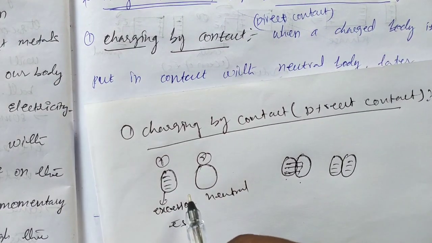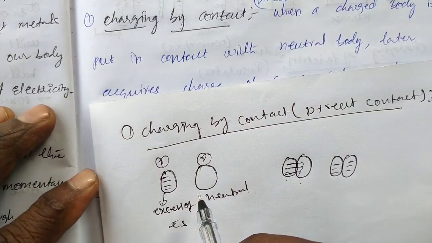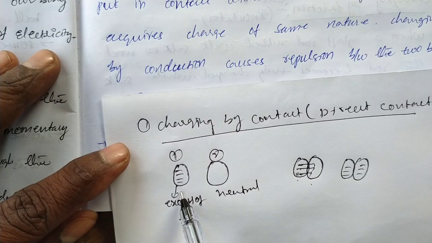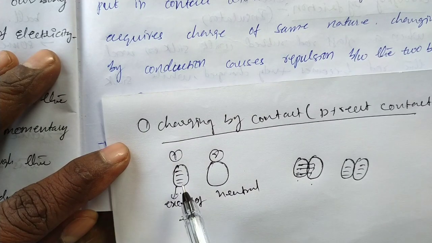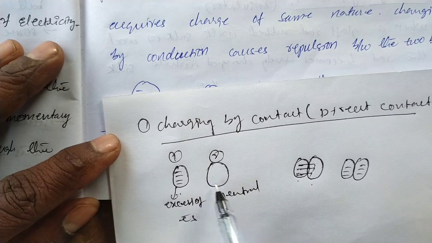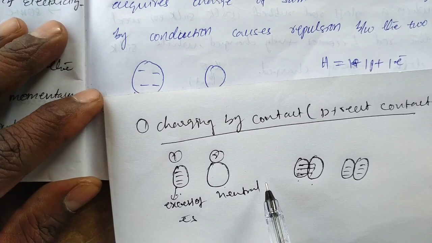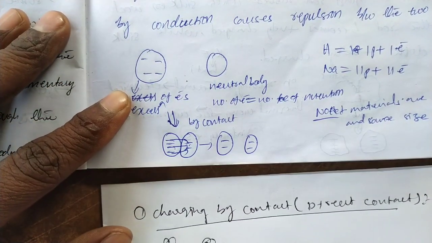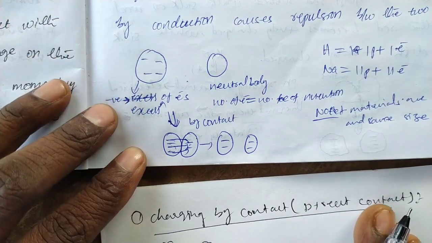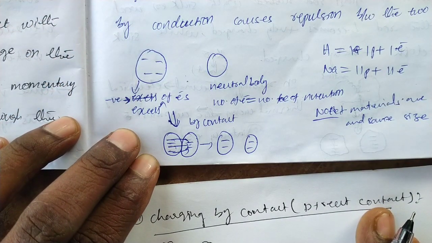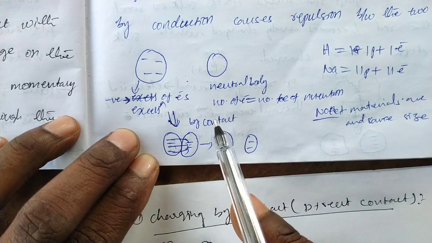The second body is charged by the first body when in contact, one being the neutral body and the other having an excess of electrons. A neutral body has a number of protons equal to the number of electrons.